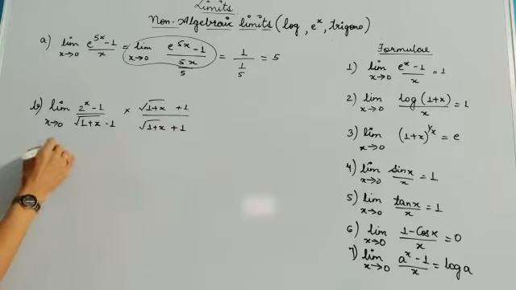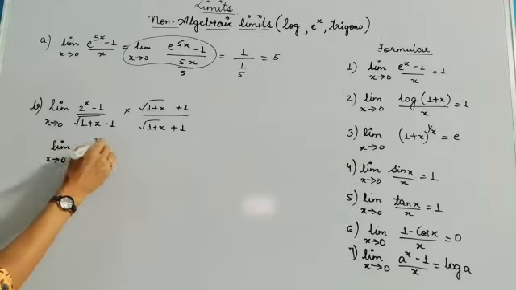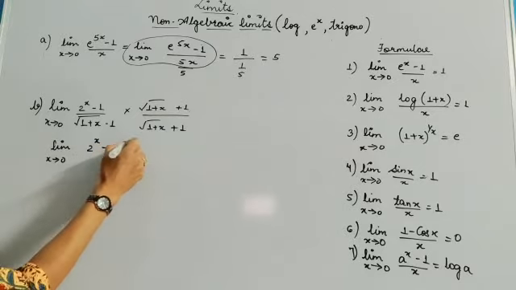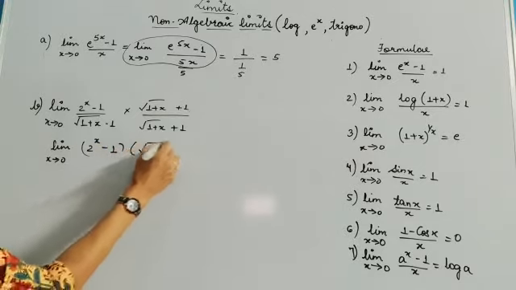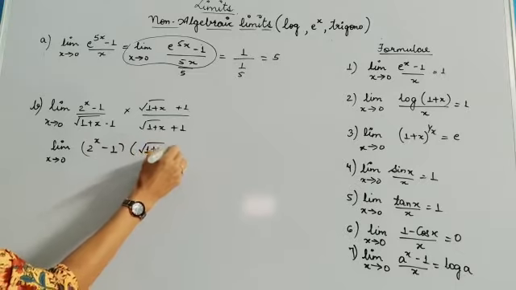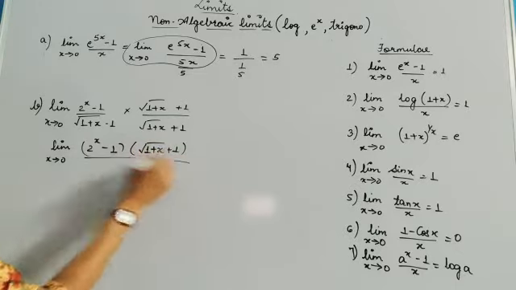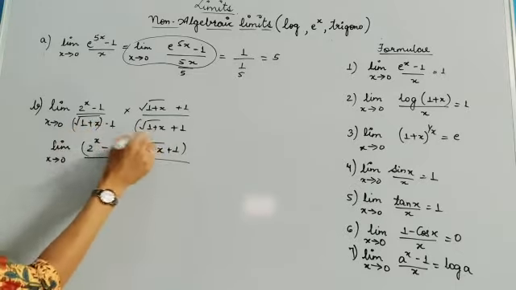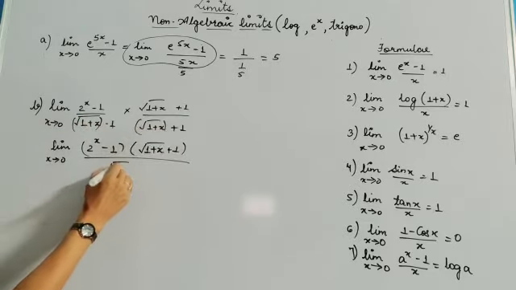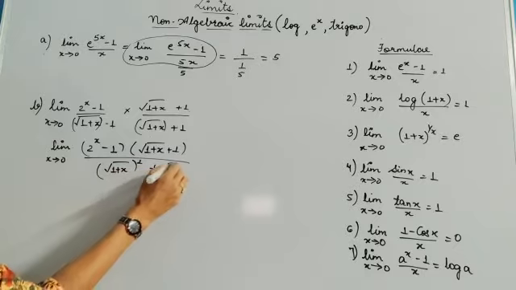Now I can simplify it further. This will give me limit x tends to 0, 2 raised to power x minus 1, and I am writing this as it is. This is under root 1 plus x plus 1 whole upon, this is again a minus b and a plus b. So I can write under root 1 plus x whole square minus 1 whole square.